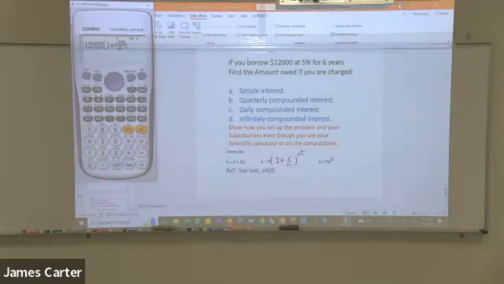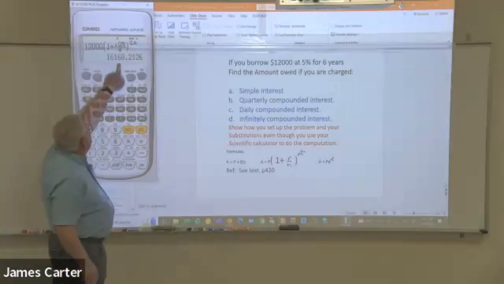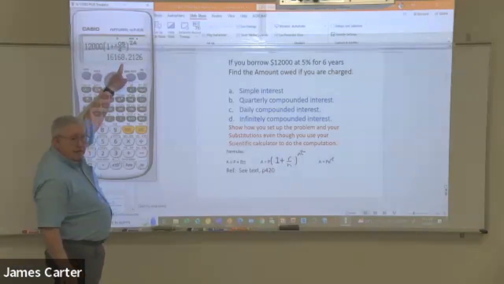Close up the parentheses to the power of RT, or NT rather. In this case, 4 times 6 years is 24. I'm just going to type in 24. Equals. That's how much you owe then that you have to pay back.